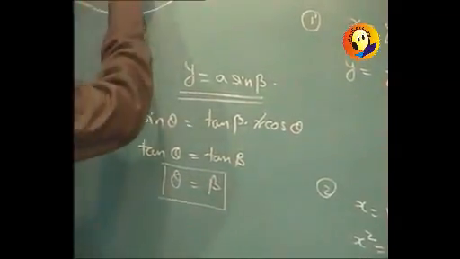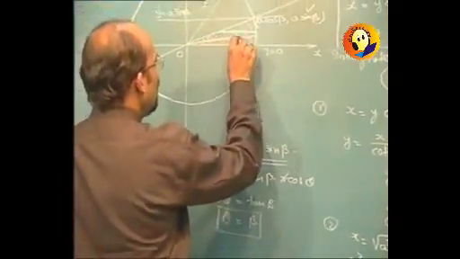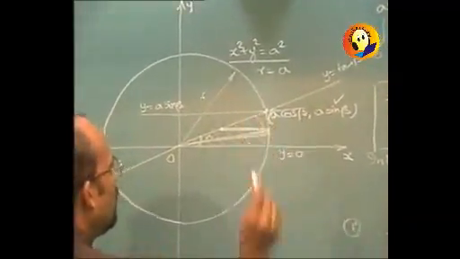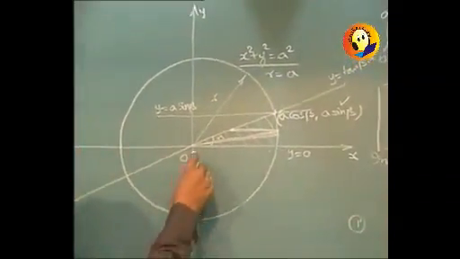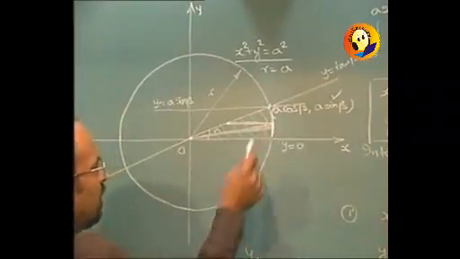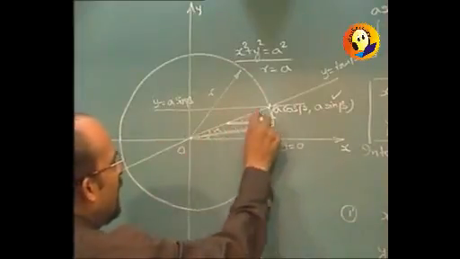When we take the radial strip, which will be shown from origin up to the circle in this case, then on strip r will vary from 0 to r equal to a, which is on the circle, and such strips are taken from theta equal to 0 to theta equal to beta.